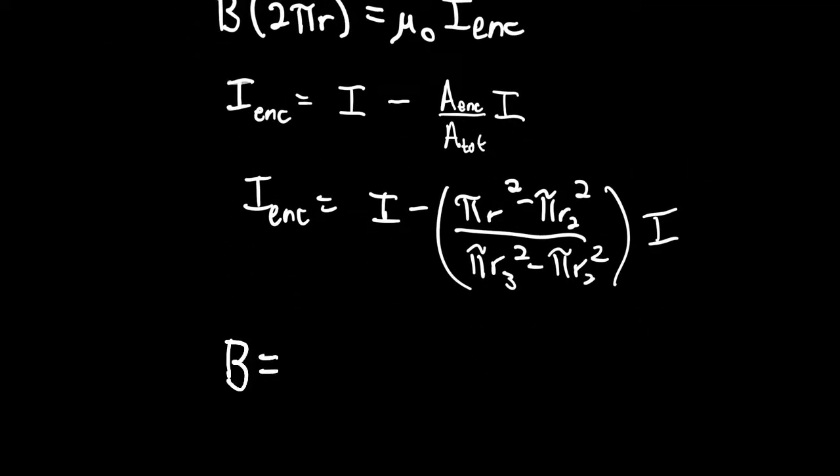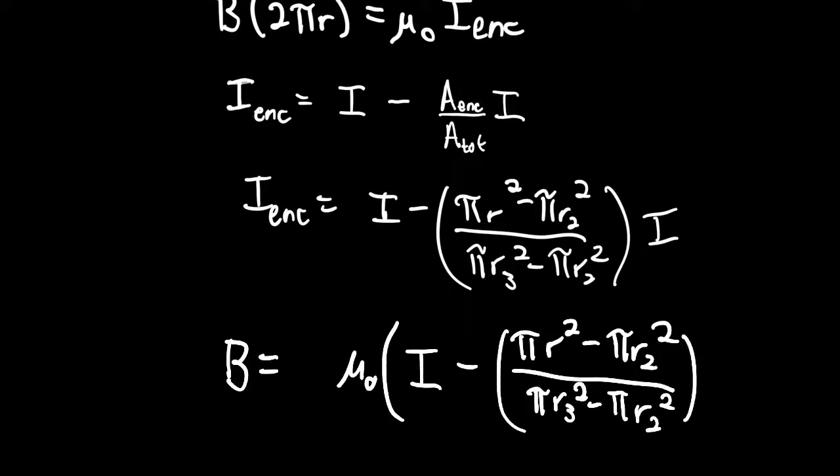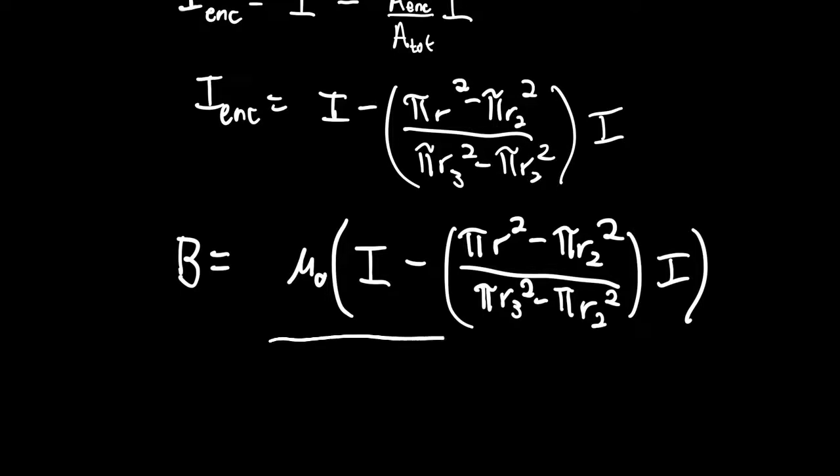So now my B is equal to mu naught times I minus this big giant mess, pi r squared minus pi r2 squared divided by pi r3 squared minus pi r2 squared, all of that times I, and then divide all of this by 2 pi r.